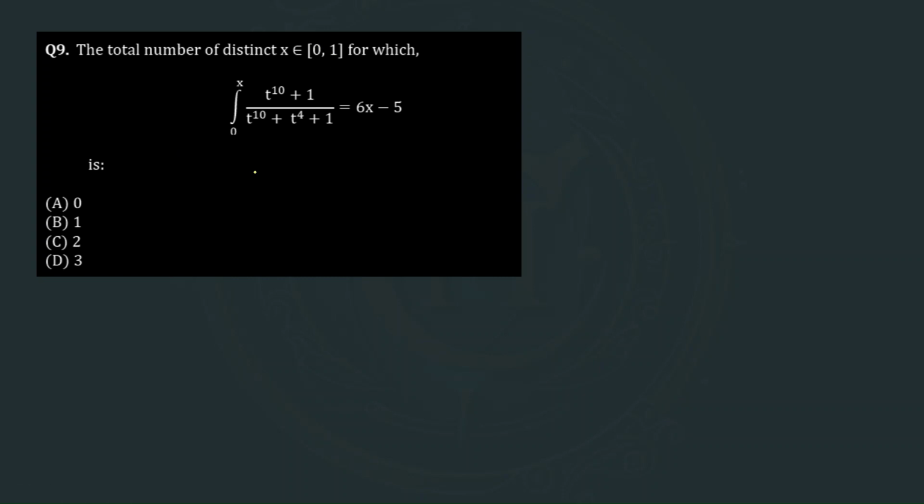So if we assume this function as fx equal to integral 0 to x of t to the power 10 plus 1 divided by t to the power 10 plus t to the power 4 plus 1 dt minus 6x plus 5, we have to find the number of roots of fx in 0 to 1. So we have to check the nature of fx, whether this fx intersects the x-axis in this given interval or not.